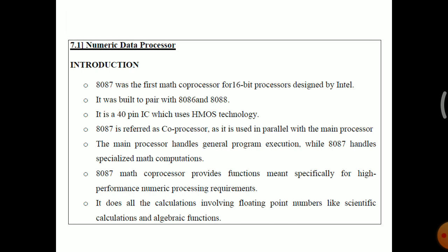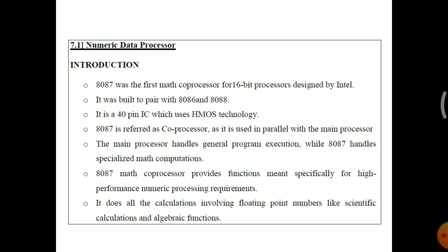If these complex tasks were performed, suppose, by 8086, then 8086 would be engaged in those works for a long time. So to make the 8086 microprocessor free from doing these works, we are using the 8087 math coprocessor, which is dedicatedly doing the complex mathematical operations on behalf of the 8086 microprocessor.